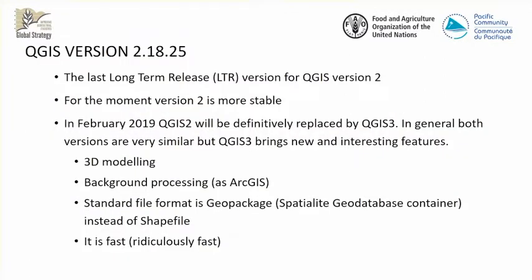Okay, we're going to work in the 2.18. This is something that I was explaining before. It's the last long-term release for QGIS version 2. As I was telling you, in February 2019, QGIS 2 will be replaced by QGIS 3.